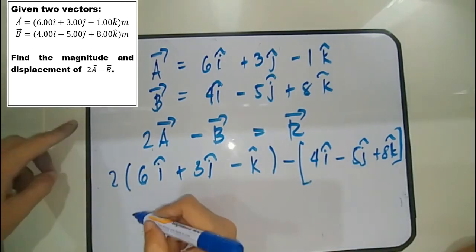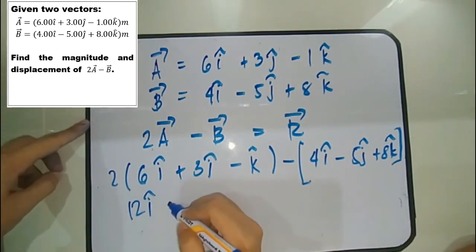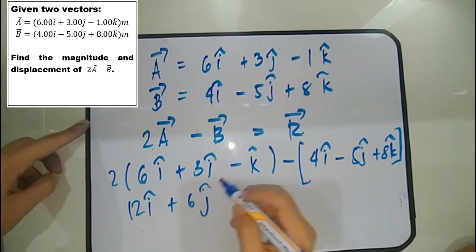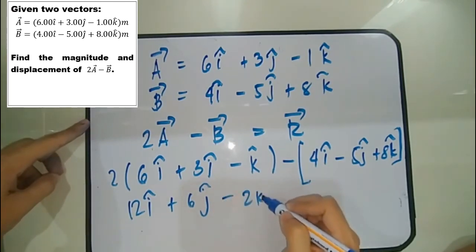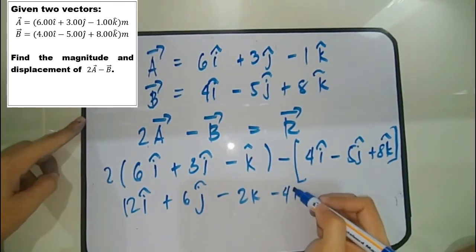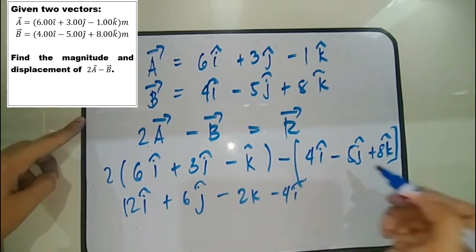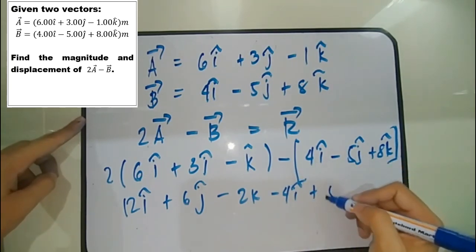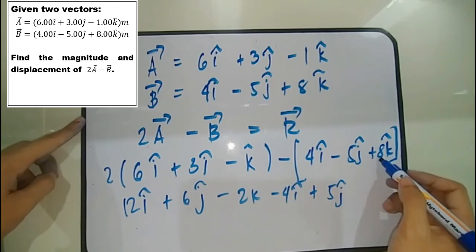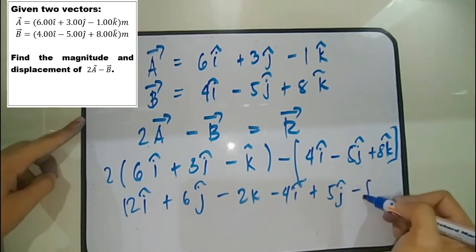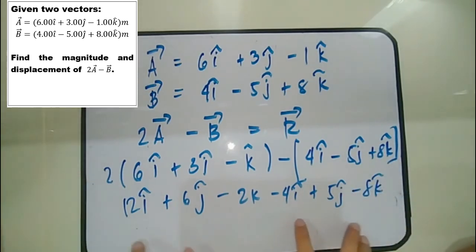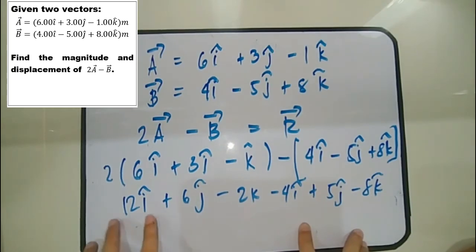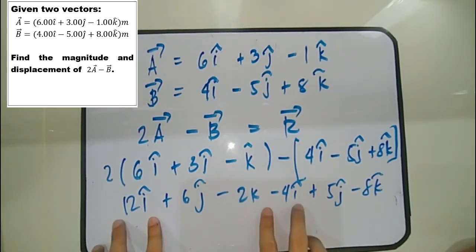So, here, this is 12i plus 6j minus 2k. We have here negative 4i. So, negative, negative, positive. So, plus 5j. So, negative times positive. This is minus 8k. And combine like terms. So, 12 minus 4i.